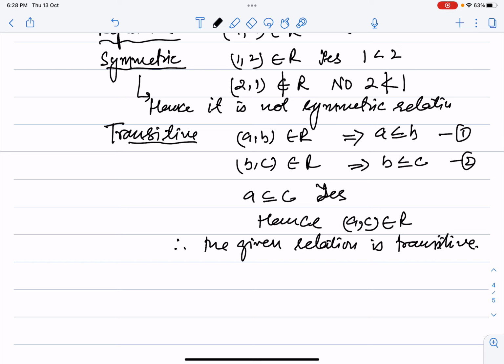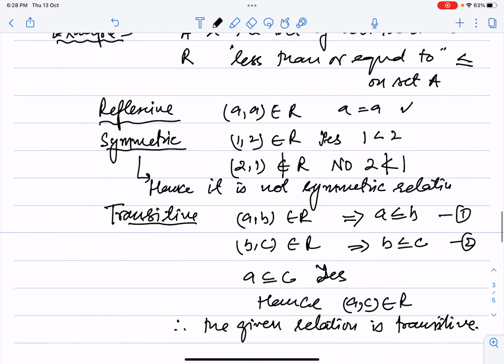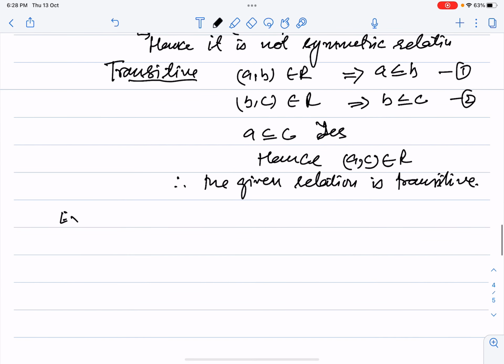Now, let's take another example. It will be example number 4.